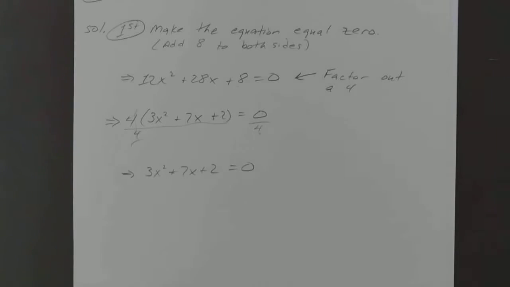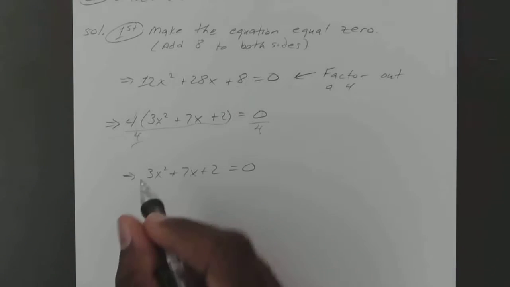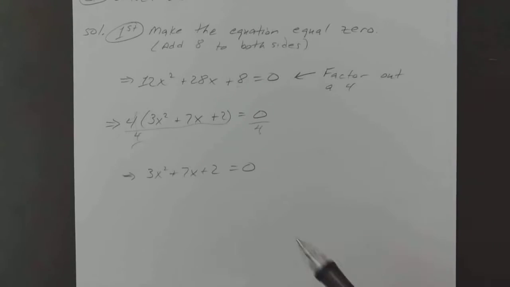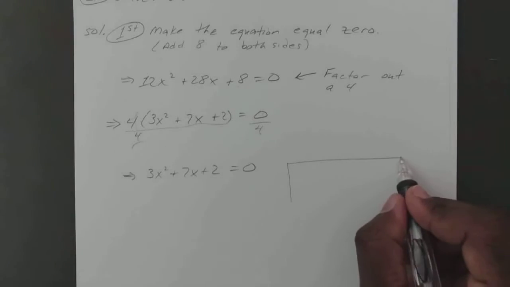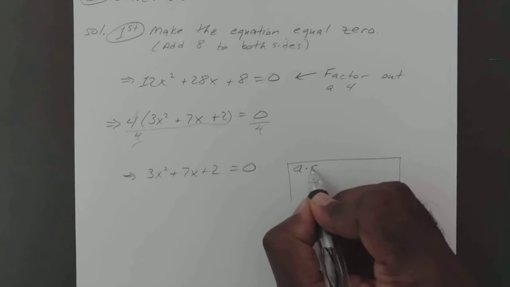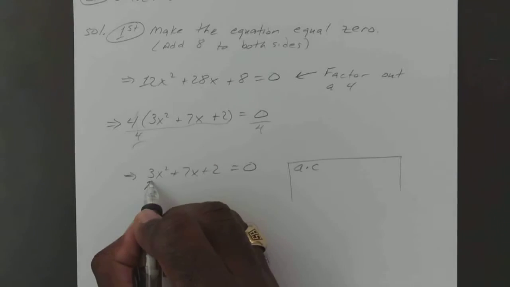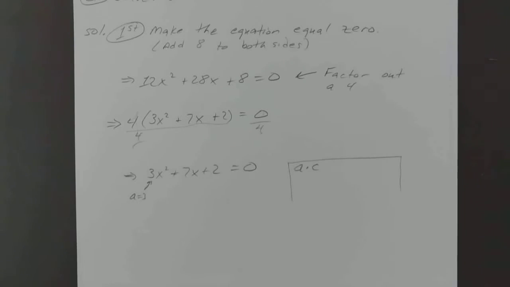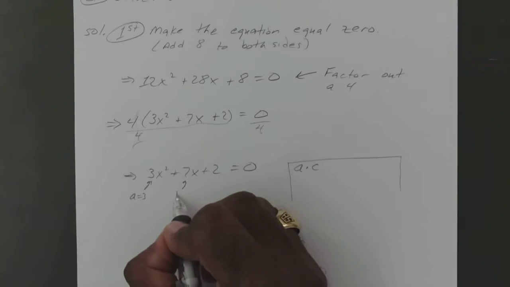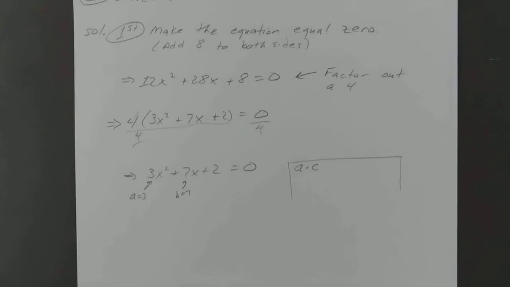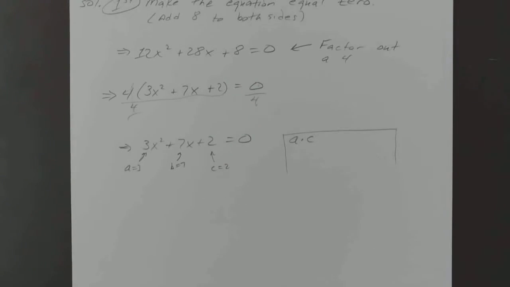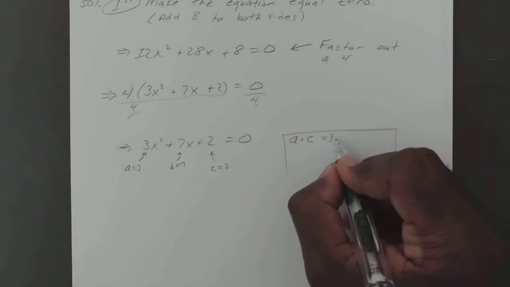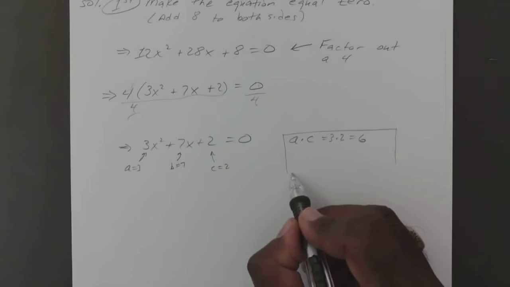Okay. So now, since we have an a value here in front of the x squared, we use the a times c method. So a times c, we know that your a is equal to 3, your b is equal to 7, and your c is equal to 2. So a times c is just 3 times 2, which is 6.